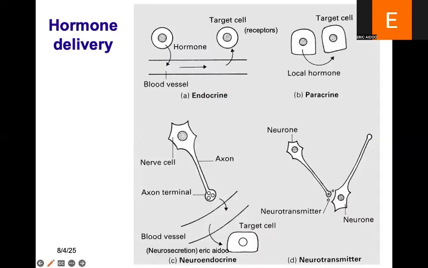So, hormones can be delivered either by the blood through the endocrine system, where hormones are released into the blood and then sent to target organs or structures.